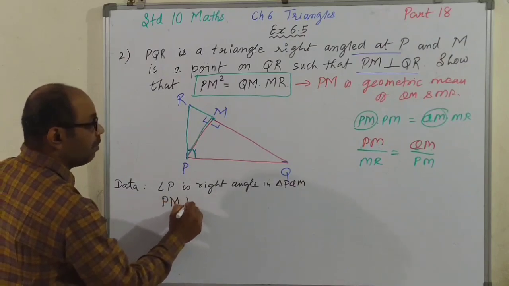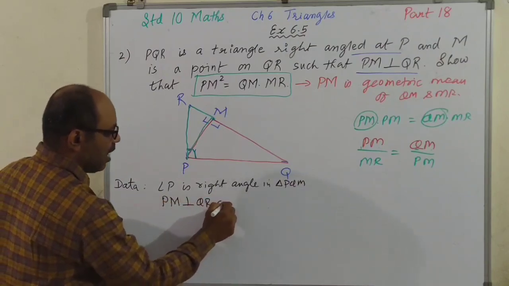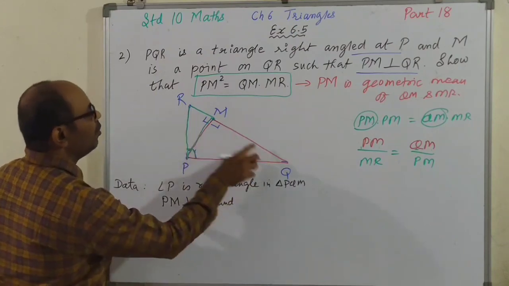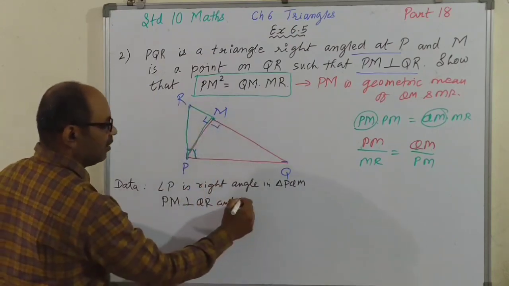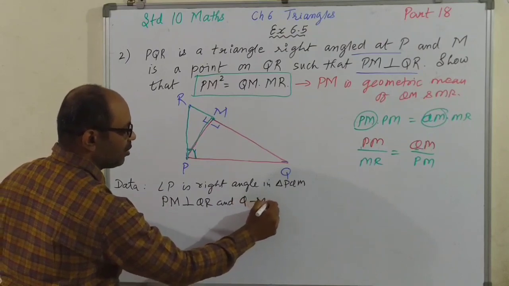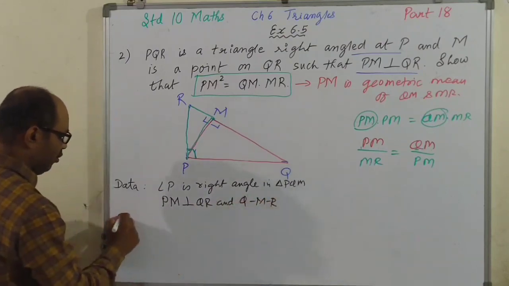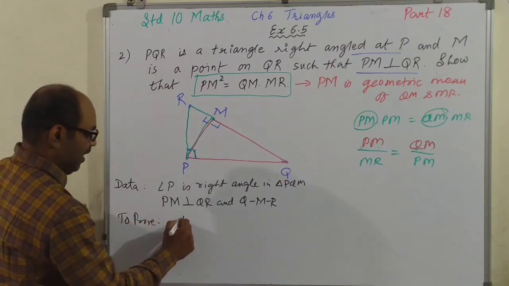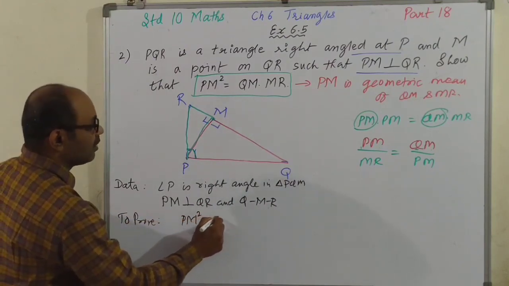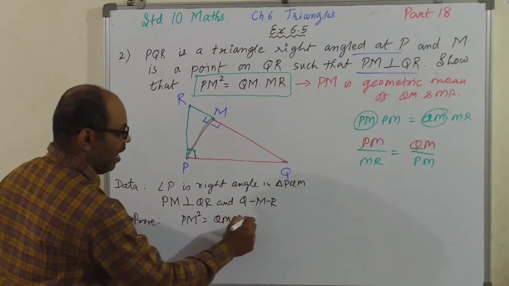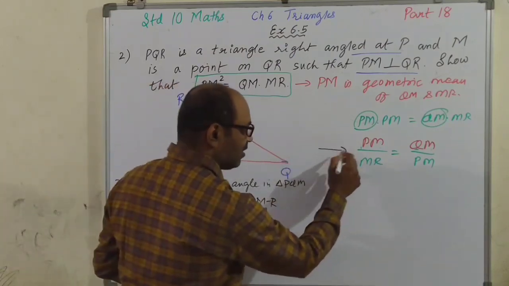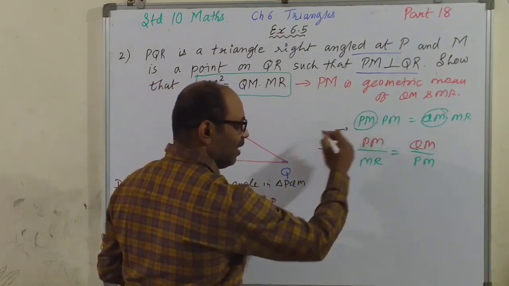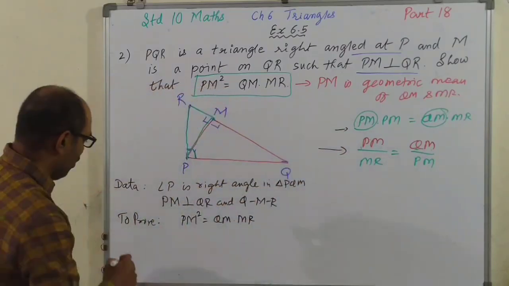PM is perpendicular to QR, and Q-M-R are collinear. That's it. To prove, what do we have to prove? PM square is equal to QM into MR. If you get this, cross multiply, you will get this.